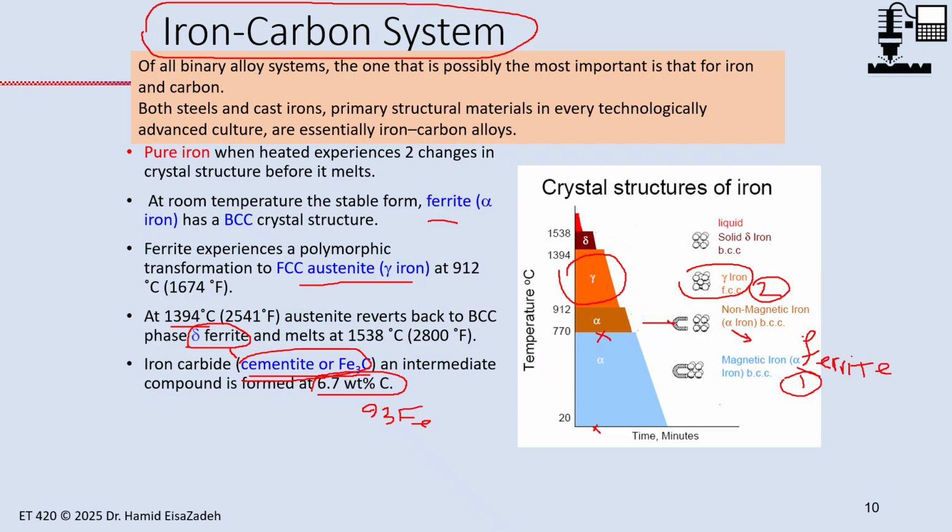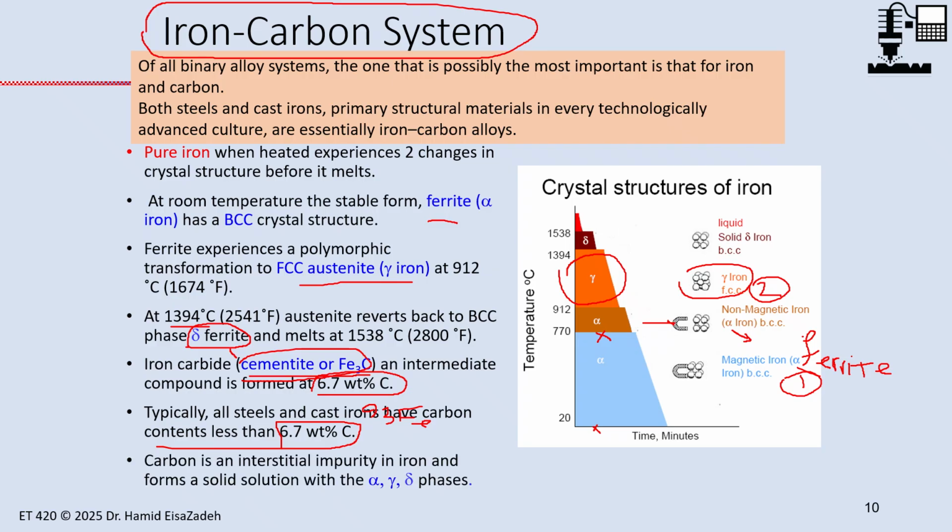Cementite is a very hard material. Typically all the steels we focus on in industry, and cast irons, have carbon content less than this amount. If you have a carbon content more than this, it's not useful in engineering applications.